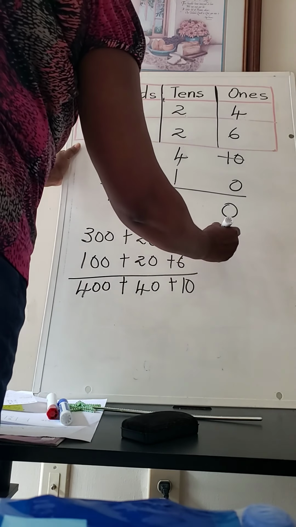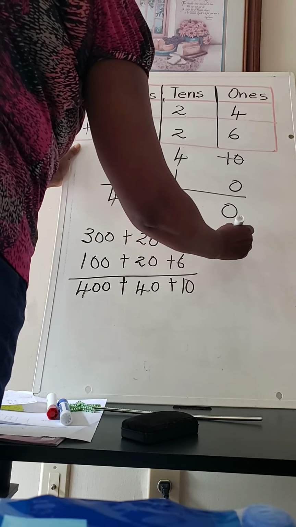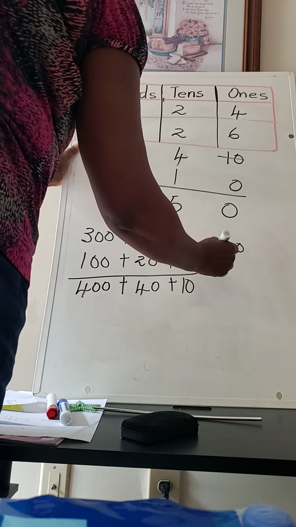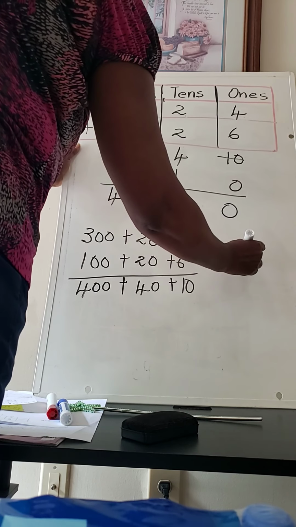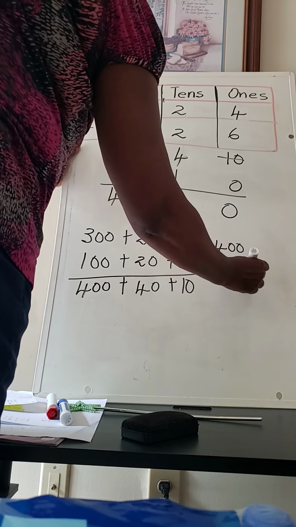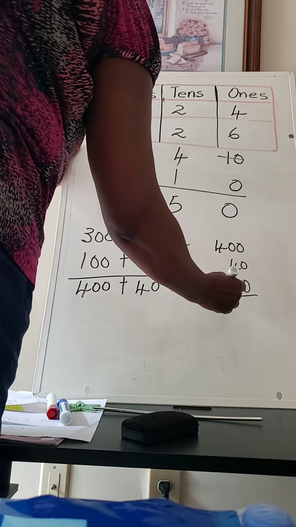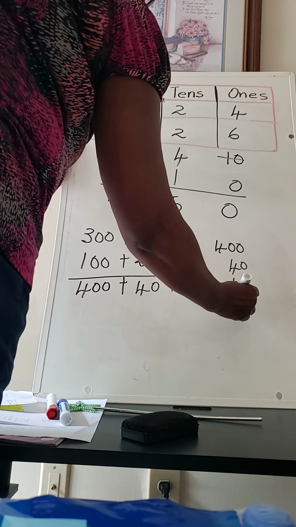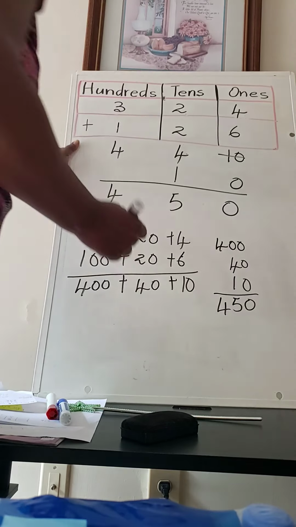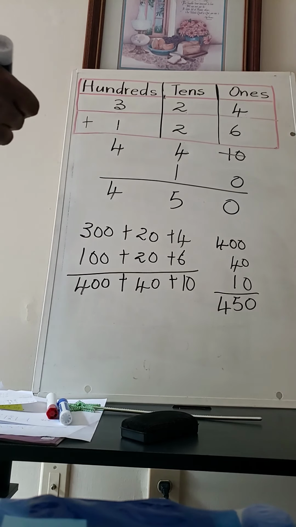We can put it at the side and add them all together. So we have 400 plus 40 plus 10. And that is equal to 450. So we worked it both ways.